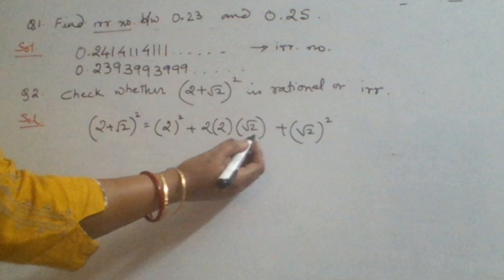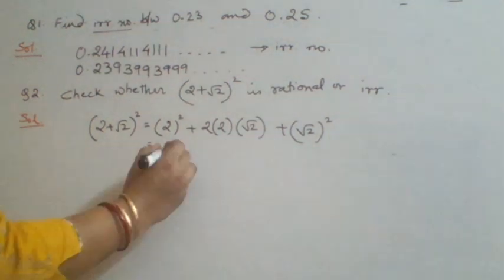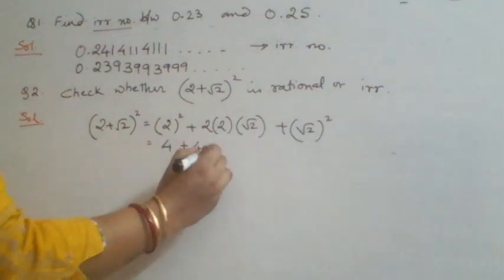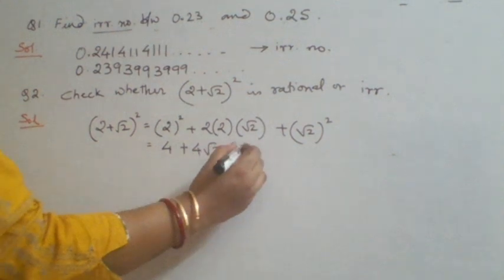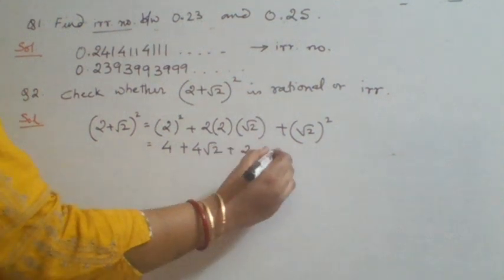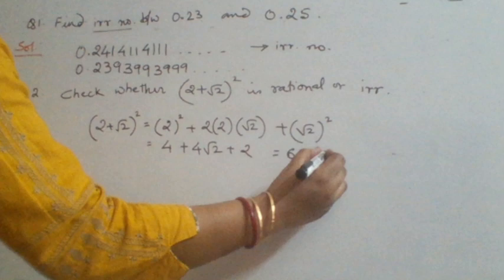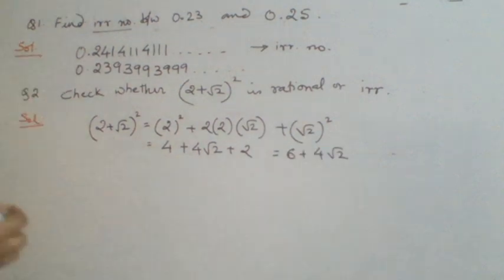So this is 4 plus 4 root 2 plus root 2 square, which is 2. So this comes out to be 6 plus 4 root 2.